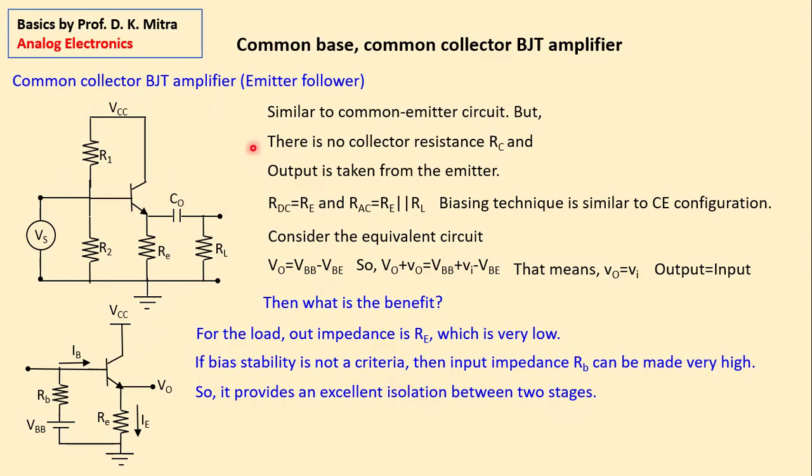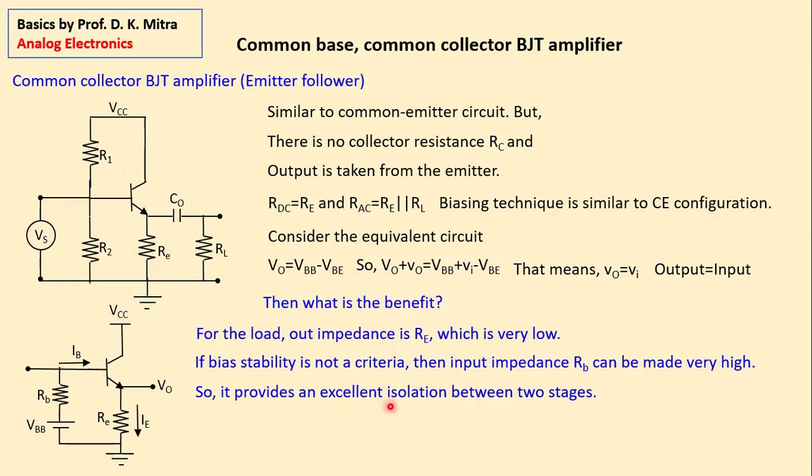Suppose you have created an amplifier, all these things, and finally you find your output impedance is high, but your output impedance should be low. If your high output impedance equipment is connected to your friend's equipment, then there will be disturbance. So at the end of it, you connect an emitter follower. Emitter follower will not provide any voltage gain, but it will convert this high impedance to low impedance output. And that is called an isolation stage, right?